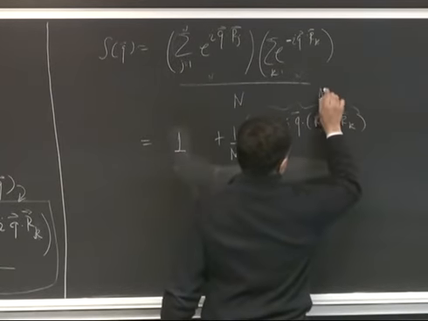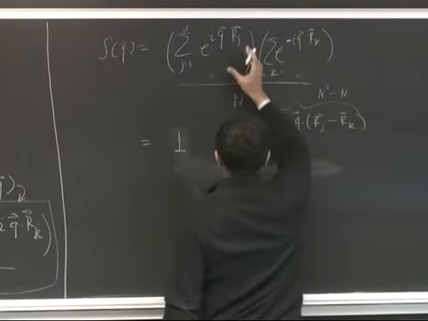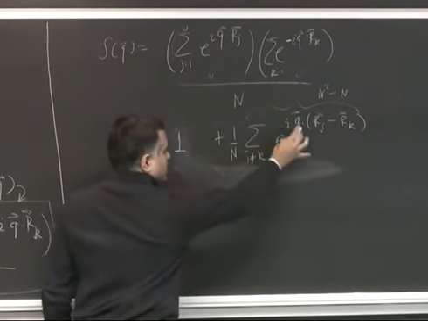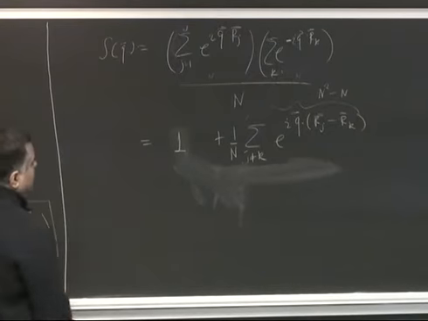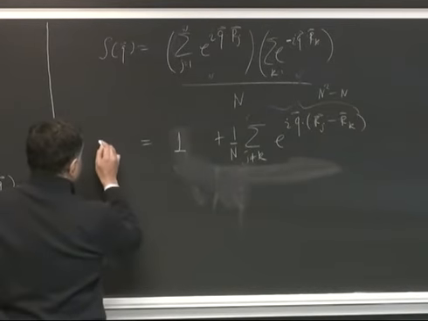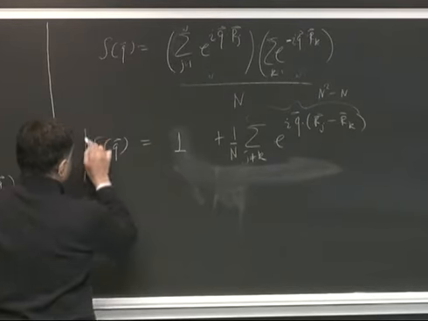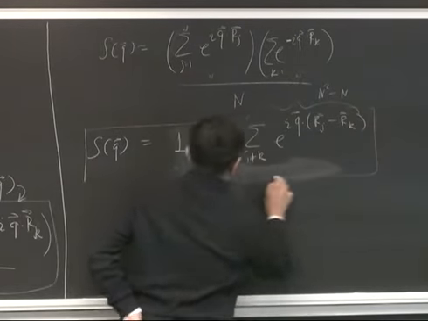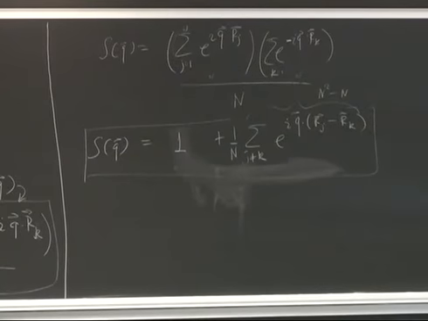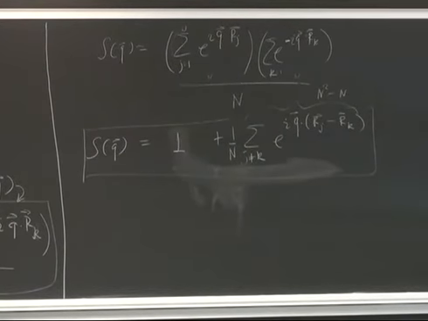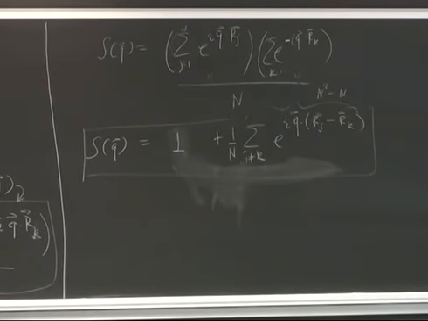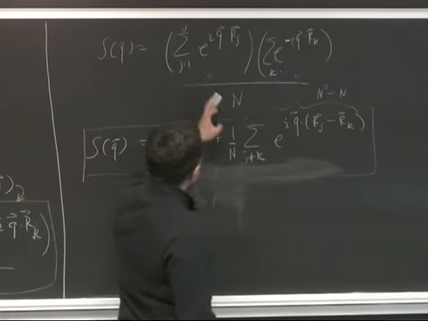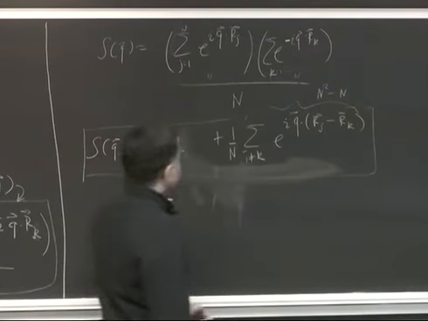That is clearly N squared minus N terms, because we took out the first N. That's how many terms there are in this sum of cross products. So this is another way of writing the structure factor, which has a little more physical feel to it. Is that clear? Did I do this right? Yeah, I think so. So there are N terms, 1 plus 1, and then there are N squared minus N terms.